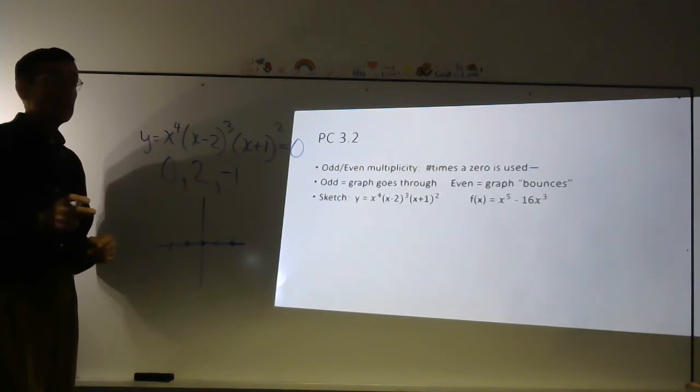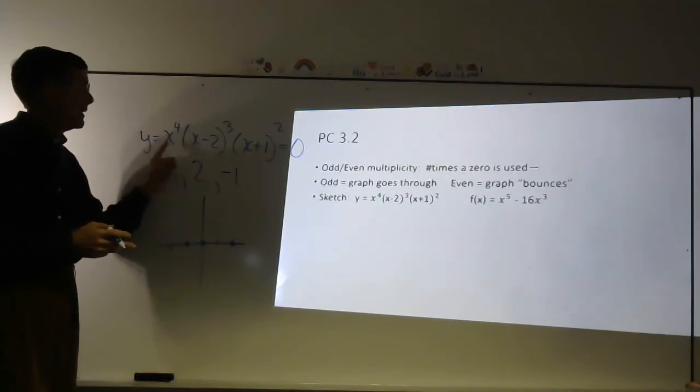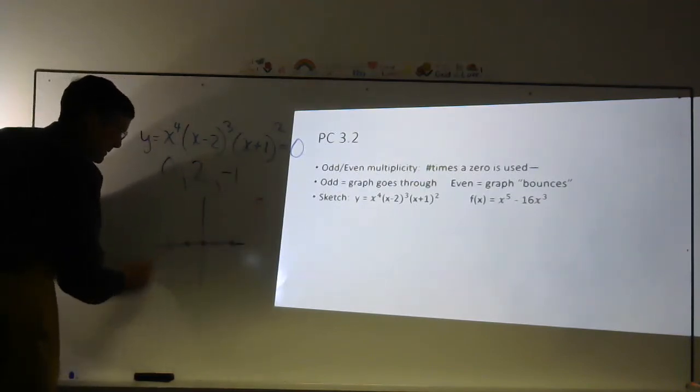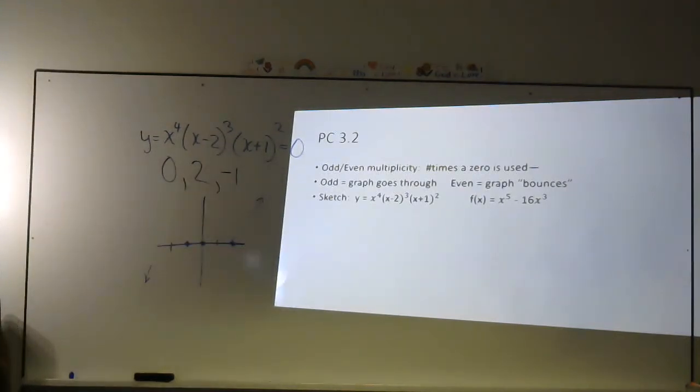X to the 9th is an odd power. So we have an odd leading term, and the coefficient is going to be positive. So it should be up on the right, down on the left. Are you with me?